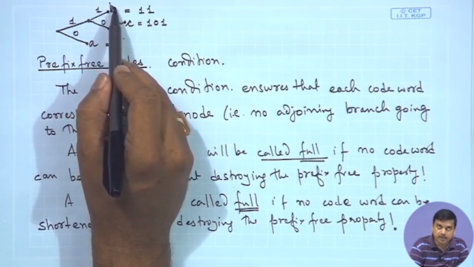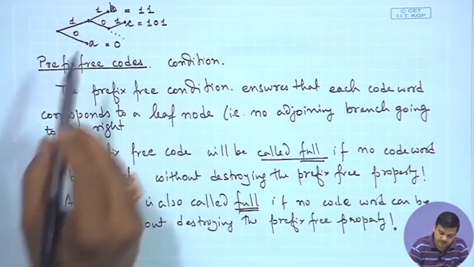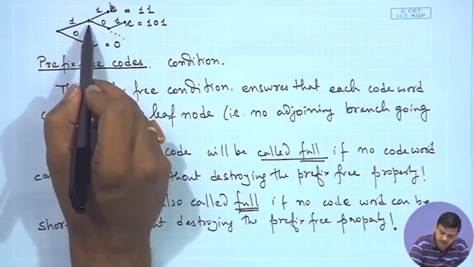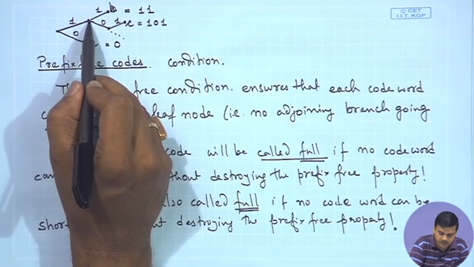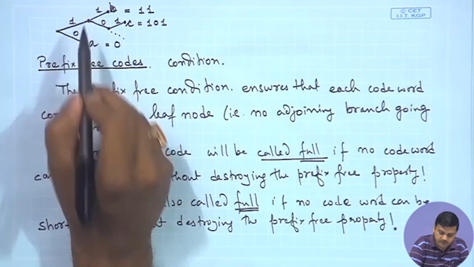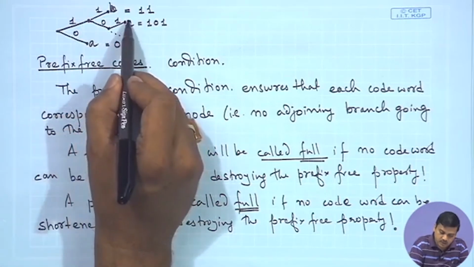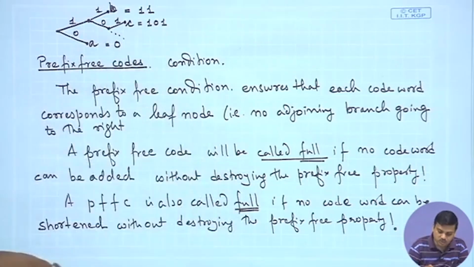And if we look at the previous definitions, any node that you see over here is either an intermediate node, that means it is a prefix, or a leaf node, that means it is a code word.